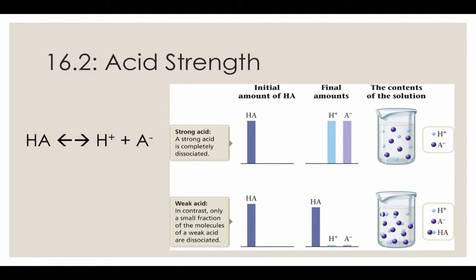Weak acids, on the other hand, dissociate to a much smaller extent. Given this same solution of HA as a weak acid, a very small amount will dissociate to form H+ and A-, leaving a very large amount of undissociated HA.